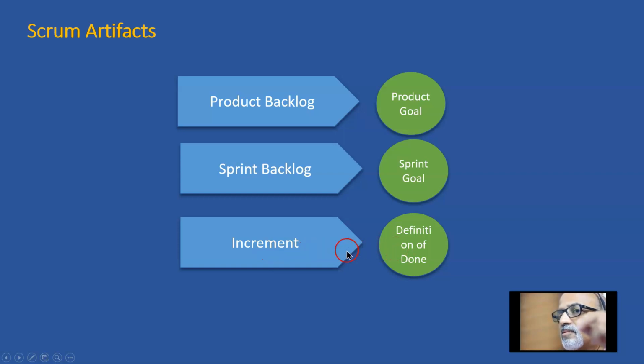That is the goal, so this must meet the definition of done. So the product backlog entries are aligned to the product level goals, sprint backlog entries are aligned to the sprint goal, and the work performed within the sprint is aligned to the definition of done.